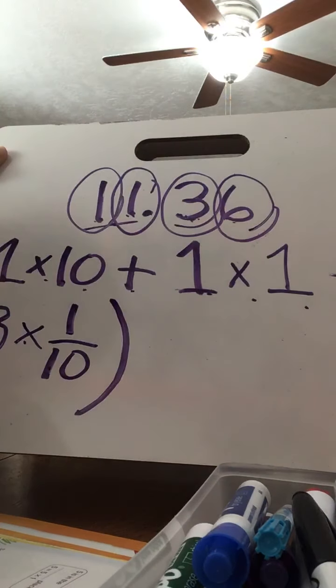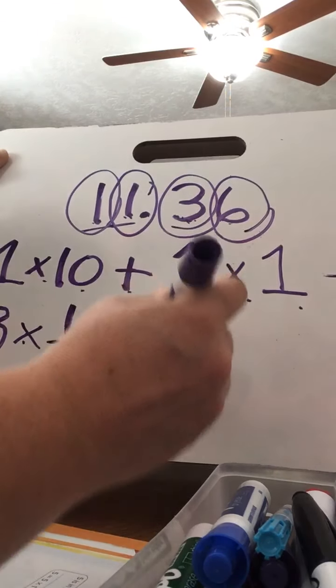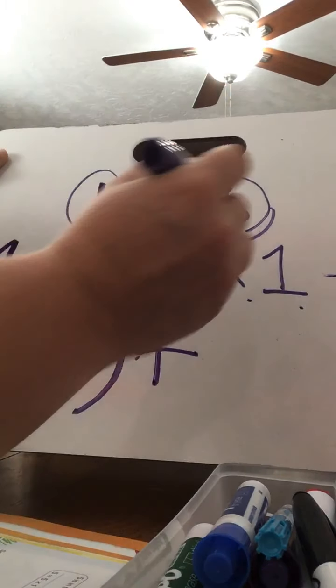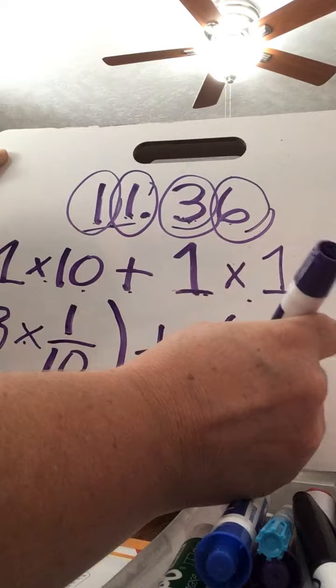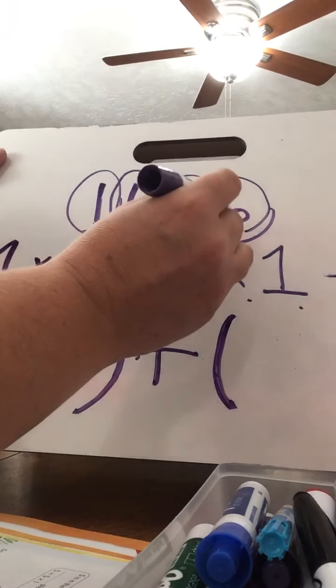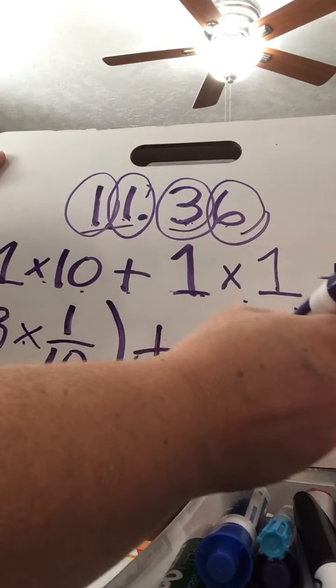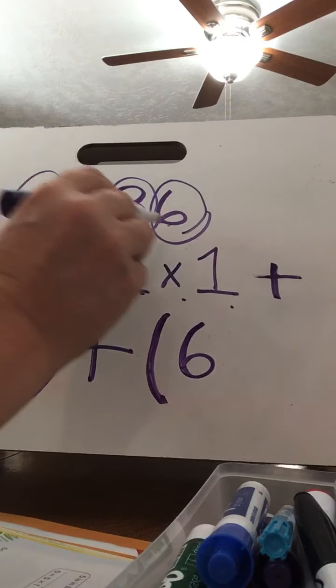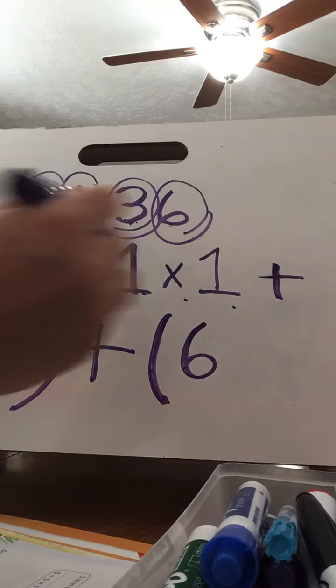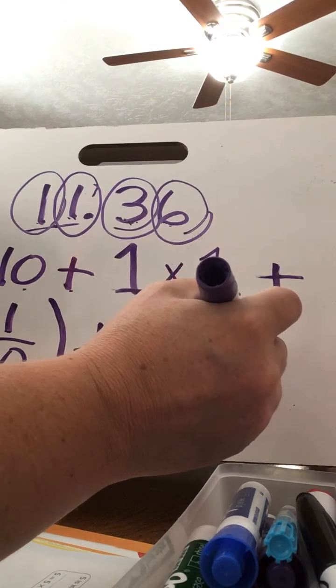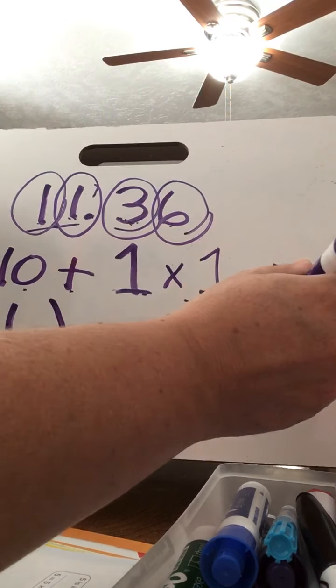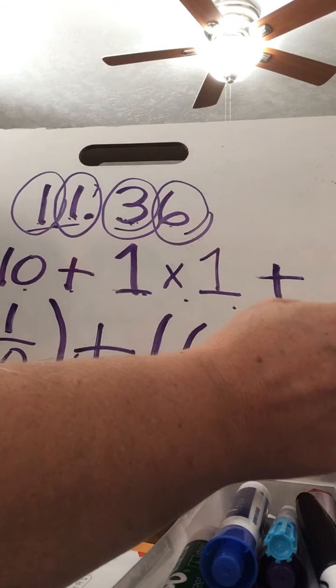We have one more number right here. It's the 6, okay? We need to add that one now. Remember I said if you have tenths, hundredths, or thousandths, you start it in parentheses. So here's my parentheses. The number we're doing now is 6. What place value is that 6 in? It's in the hundredths. So to do hundredths, we're going to times it by 1 over 100.